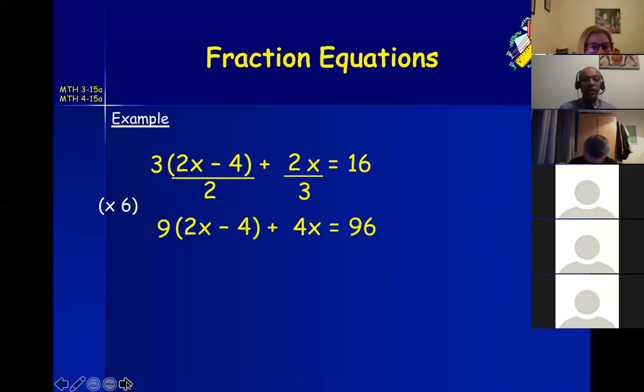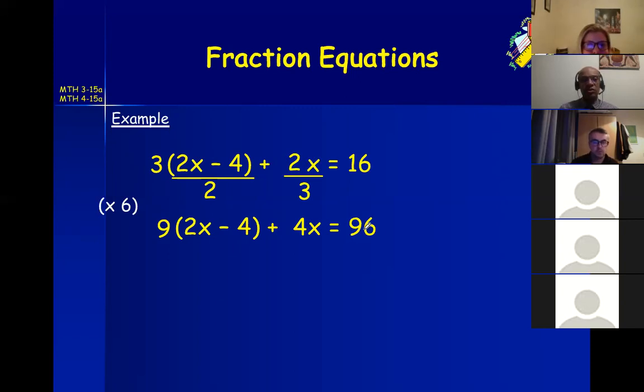So by timing by 6, now I get 6 times 3 divided by 2, but 6 divided by 2 is 3. Then that's why you get 3 times 3 is 9 times 2x minus 4. 6 times 2x divided by 3 is 12x divided by 3 is 4x. And 6 times 16 becomes your 96.